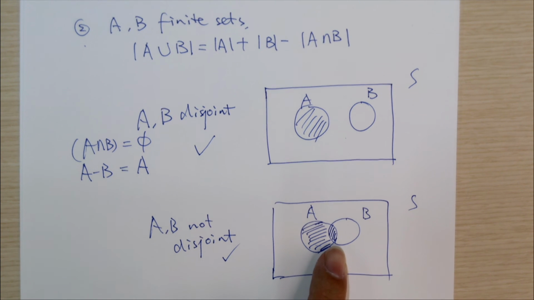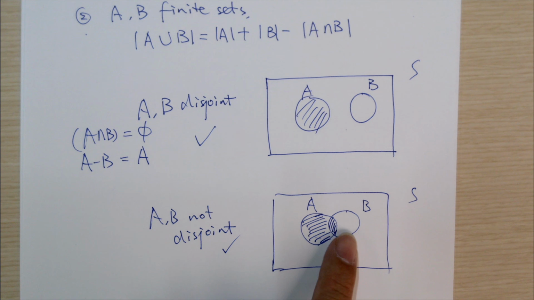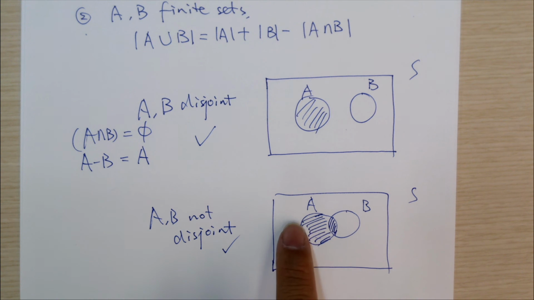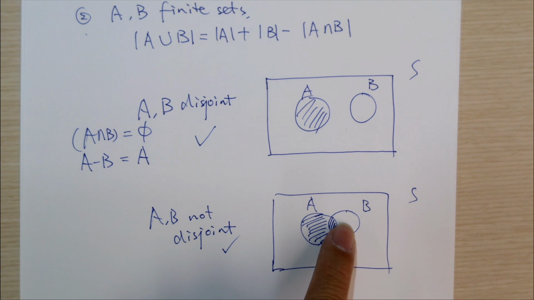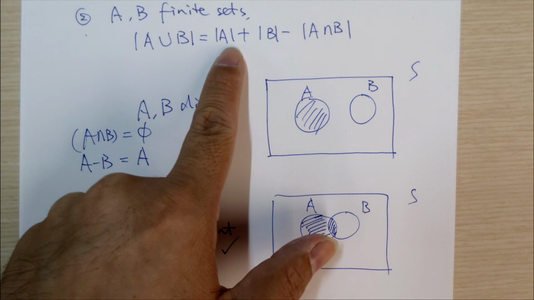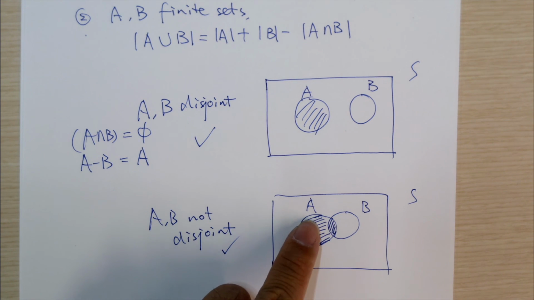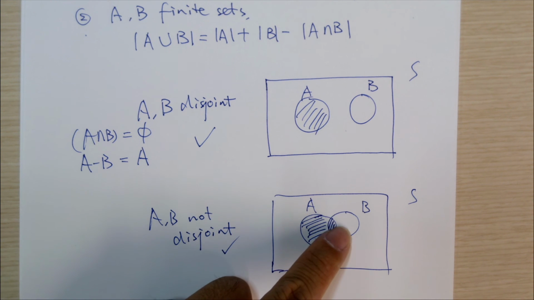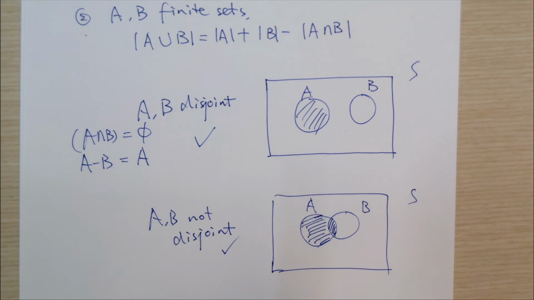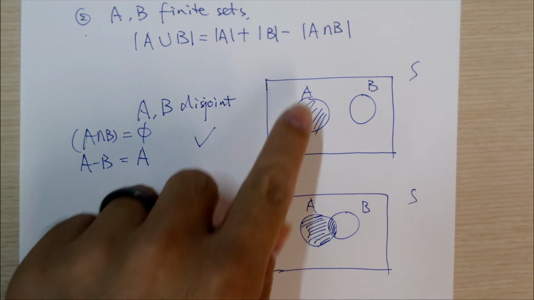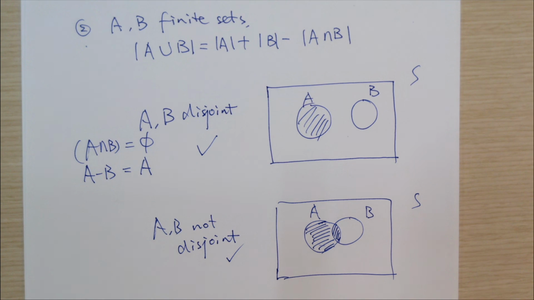For this situation, similarly, the cardinality of A union B is all the elements inside here, and it equals the cardinality of A, you count all elements here, plus the number of elements in B. But keep in mind that we counted this intersection part twice, so we have to subtract it once, so that's minus. That will also do the work.